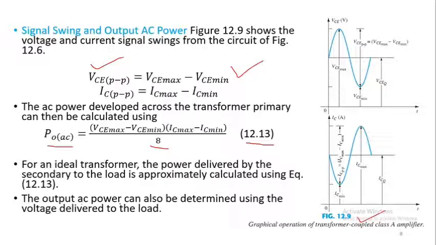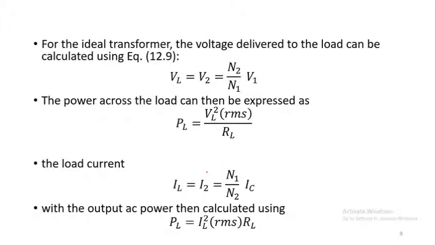The output AC power can also be determined using the voltage delivered to the load. वो कैसे? For the ideal transformer, the voltage delivered to the load can be calculated using this equation, which is VL equal to V2 equal to N2 by N1 into V1. ये इक्वेशन 12.9 हमने पहले डिस्कस की थी.